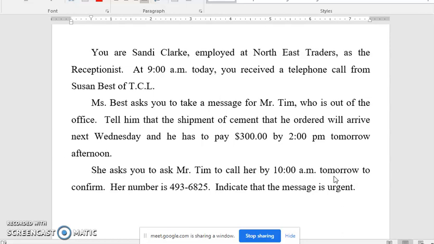Tell him that the shipment of cement that he ordered will arrive next Wednesday, and he has to pay $300 by 2 p.m. tomorrow afternoon. She asks you to ask Mr. Tim to call her by 10 a.m. tomorrow to confirm. Her number is 493-6825. Indicate that the message is urgent.